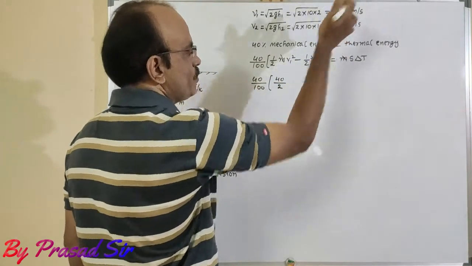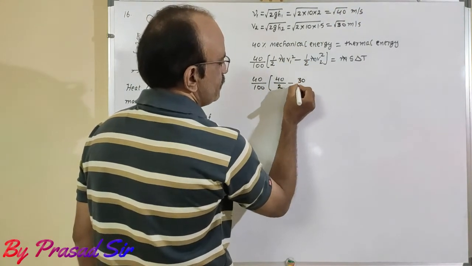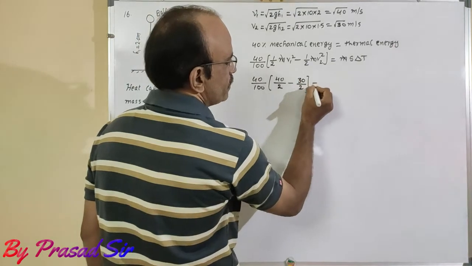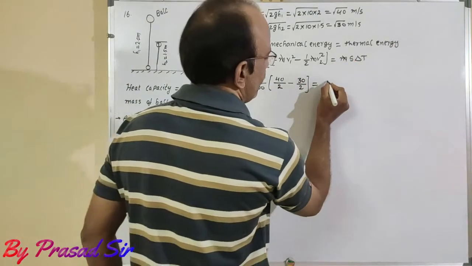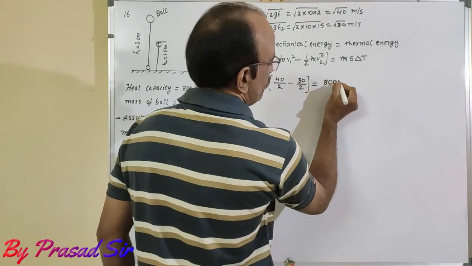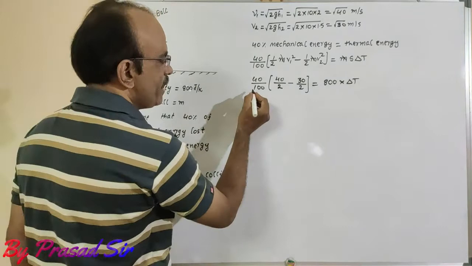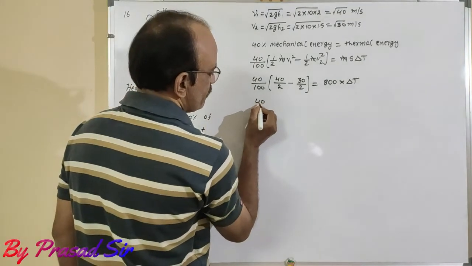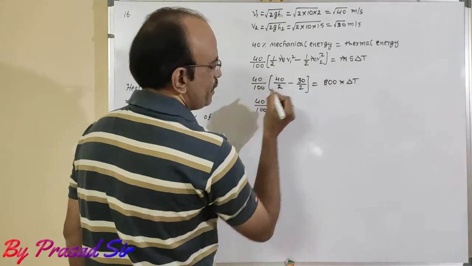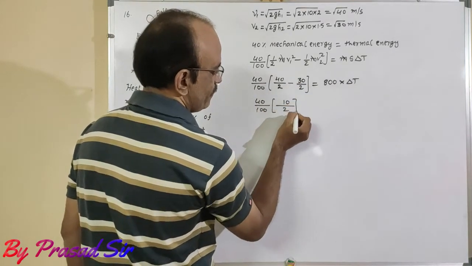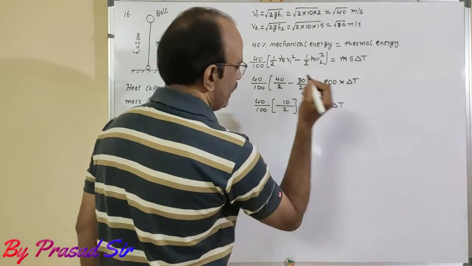Square and root cancel, 40 minus v2 square, that is 30, divided by 2, is equal to this heat capacity 800 into the rising temperature delta T. Now here 40 divided by 100, LCM 2, 40 minus 30, how much here? 10 is equal to 800 into delta T.